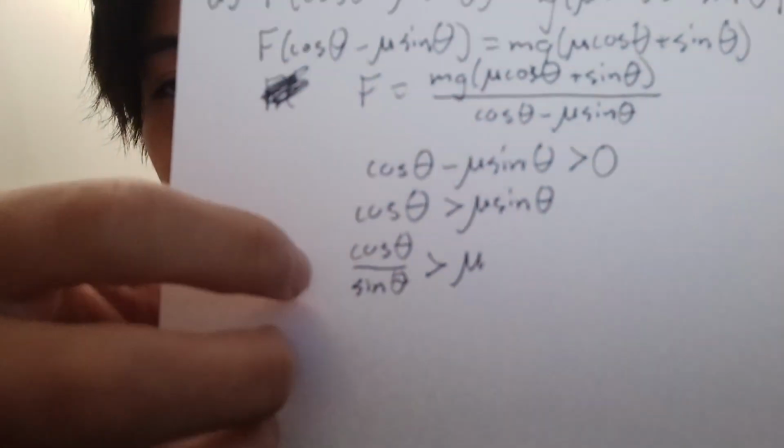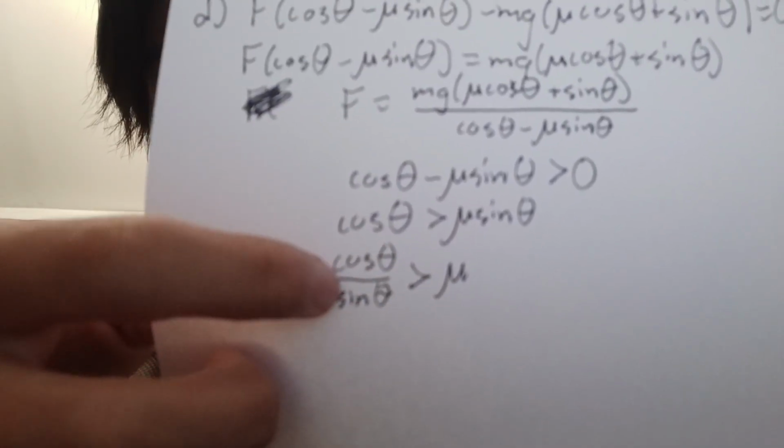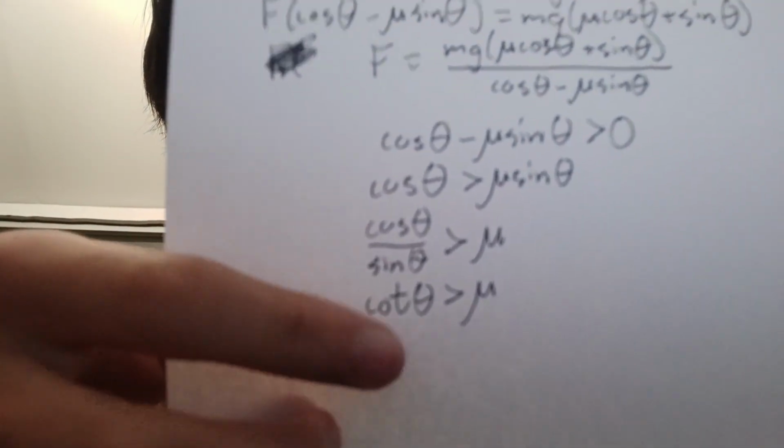Here, cosine theta over sine theta is greater than mu. And then this is just cotangent theta. So cotangent theta must be greater than mu.